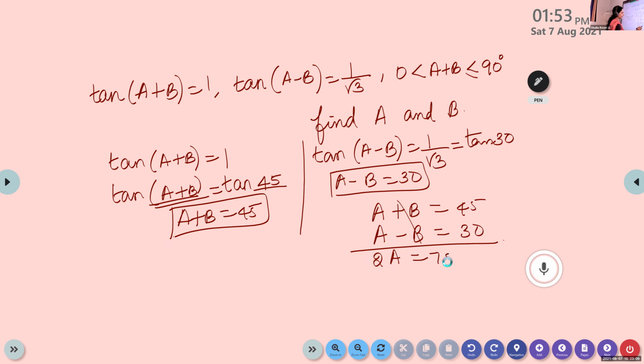2A is 75. So A is 75 by 2. In decimal only you will get 37.5. A is 37.5. Then substitute it and find out B. So don't always expect a full number. You may get decimals also there.